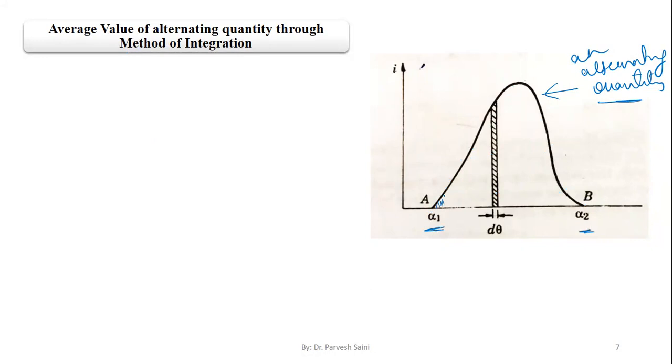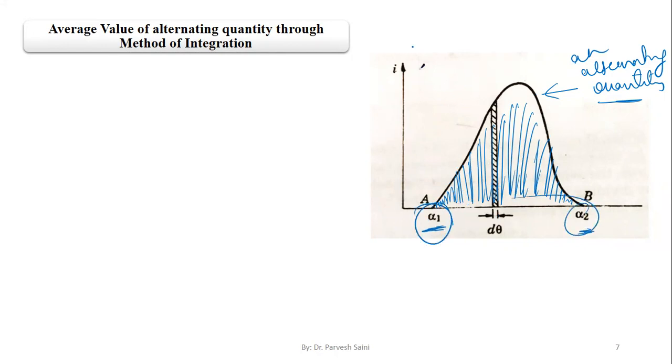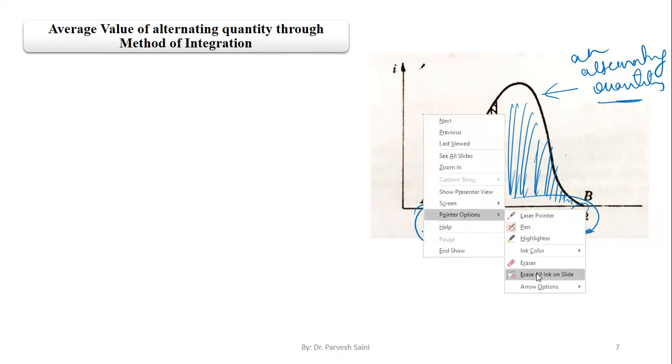You have an infinite number of instantaneous values here. To get the sum of all these instantaneous values, you integrate this curve over the two limits, alpha 1 to alpha 2, right? We'll see how we can find the average value by using this technique.